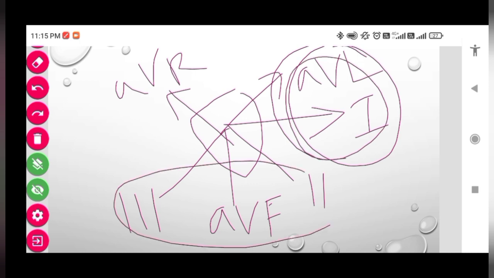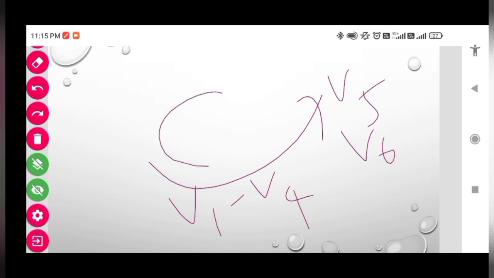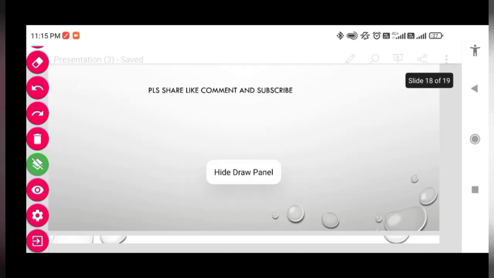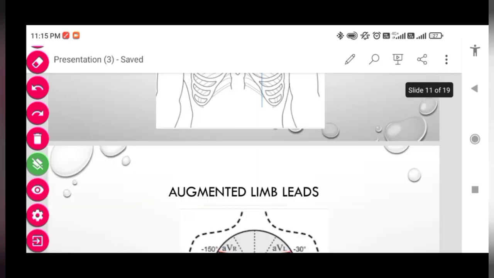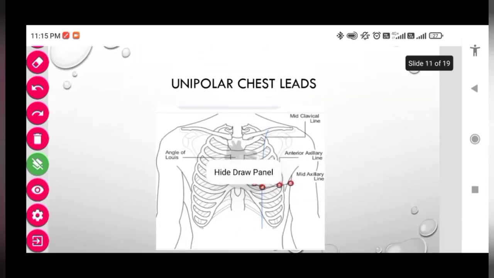The inferior wall of the heart is represented by 2, 3 and AVF, and the anterior wall, as I already showed you, is represented from V1 to V4, lateral wall is V5, V6, right? Okay. So this slide is just showing these things, right? So exactly here it is written the same thing. 1 and AVL are lateral. Okay. Next.